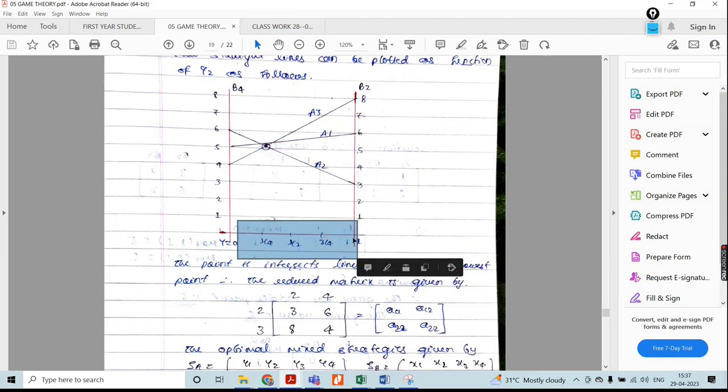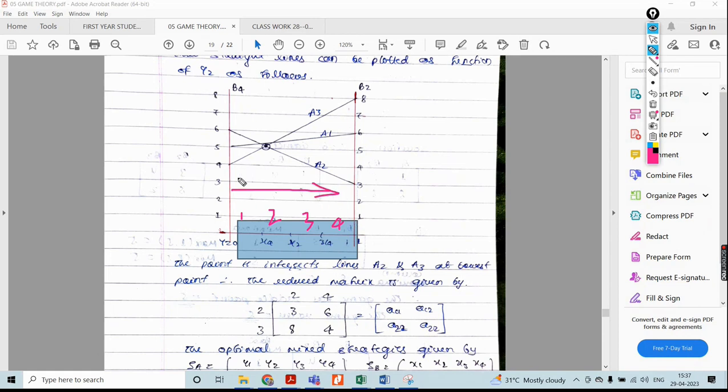The four equivalent values you have to define: 0, 1 by 4, 1 by 2, 3 by 4, 1. You have to keep 1 because we take P1 plus P2 equal to 1, as well as Q1 plus Q2 equal to 1.